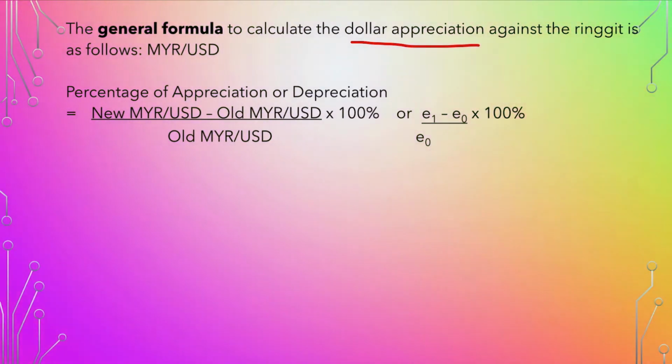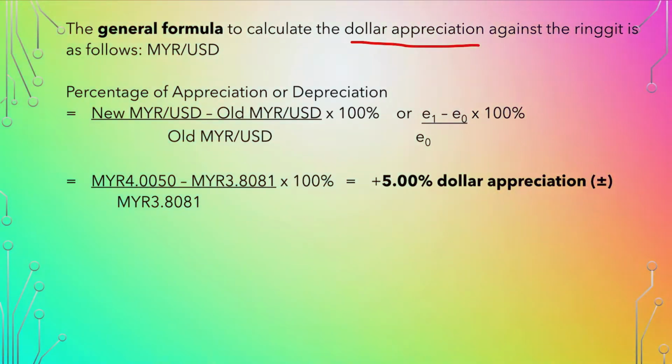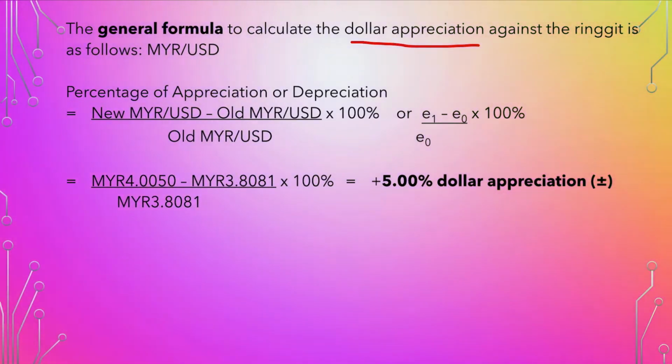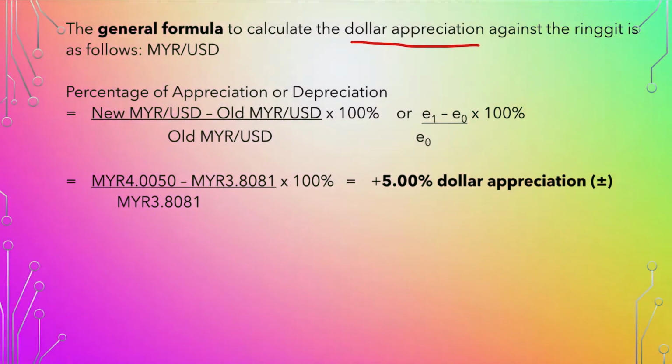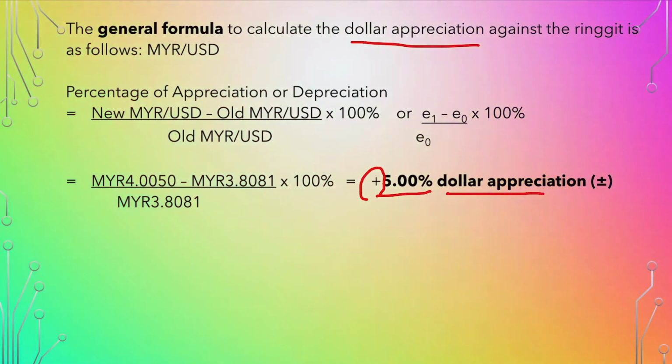From the previous example, the new rate is 4 ringgit minus 3.8081 divided by 3.8081 times 100. So the answer would be positive 5%. Positive here refers to dollar appreciation, meaning the dollar appreciates by 5%.